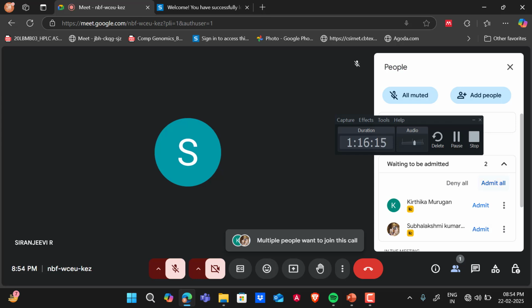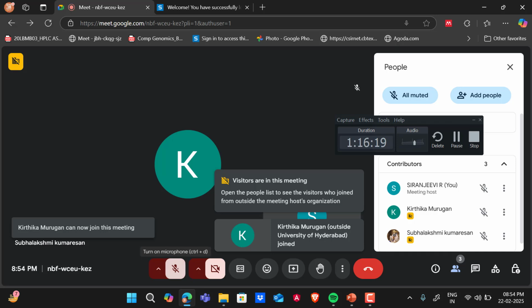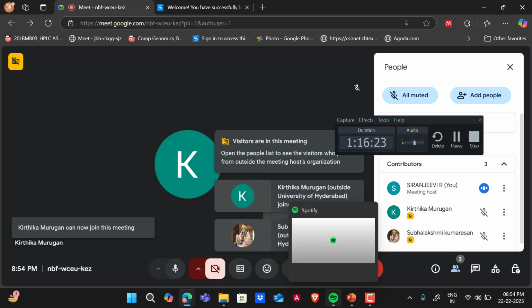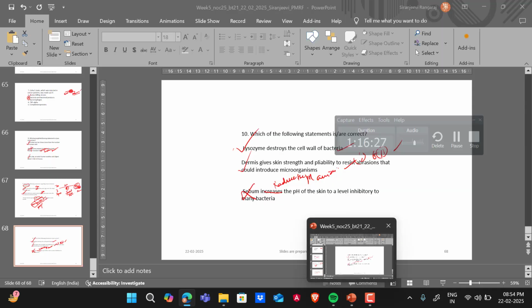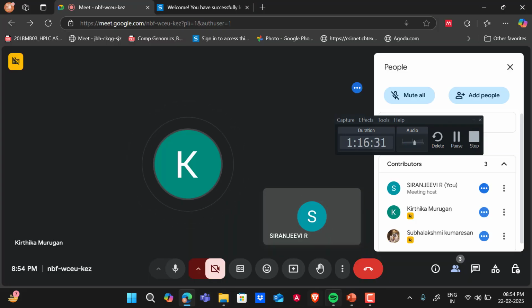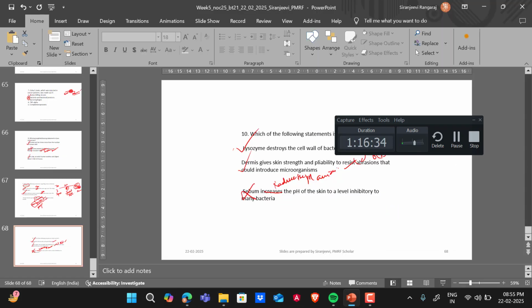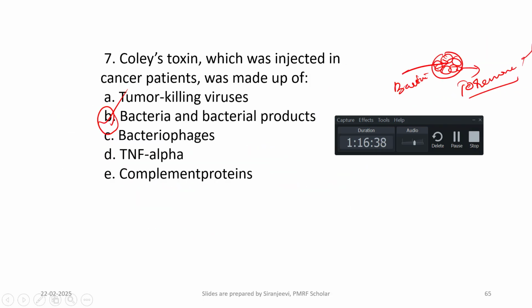Seventh question was bacteria and bacterial products. Then we came down to this eighth one. Eighth question. Microbes are 10 times more than the number of human cells. So that is a correct statement. And every day an adult human swallows about 1 liter of mucus.